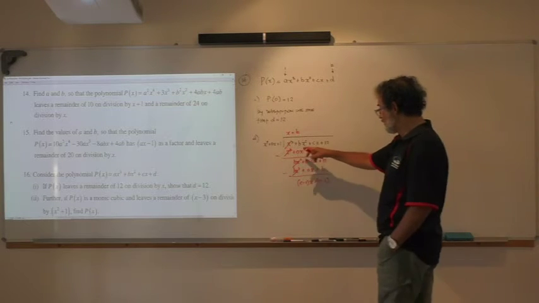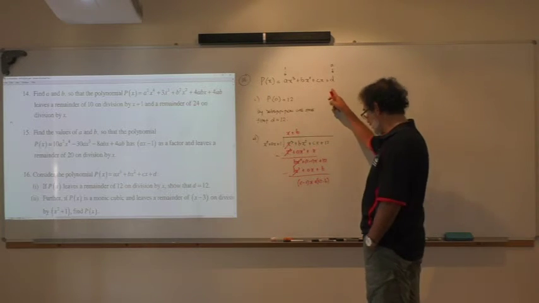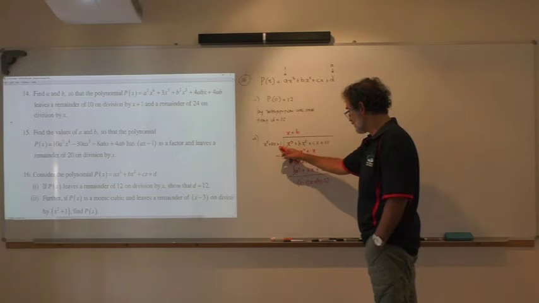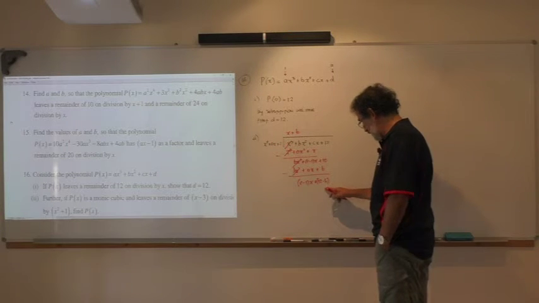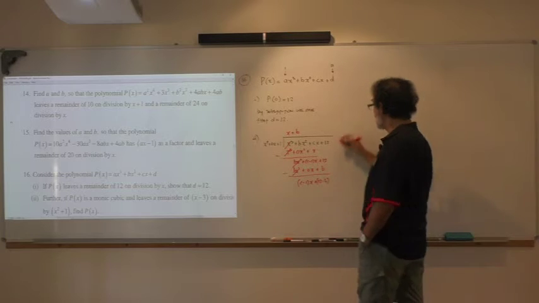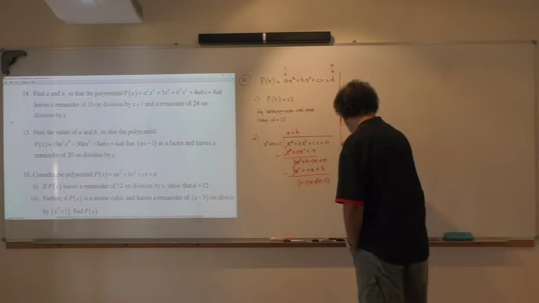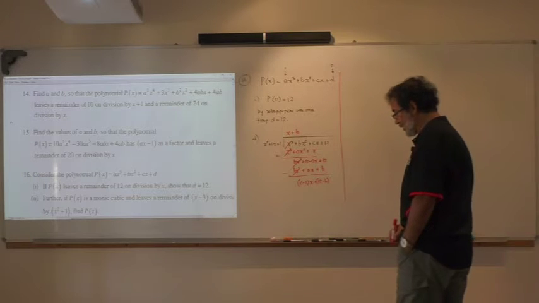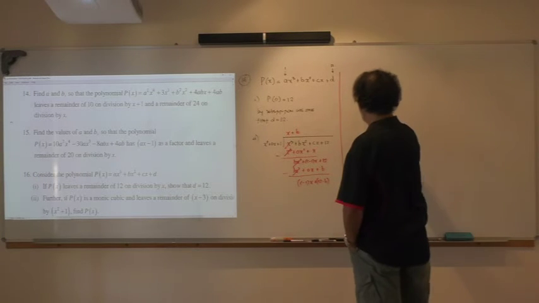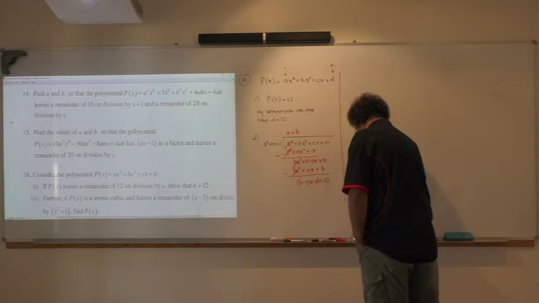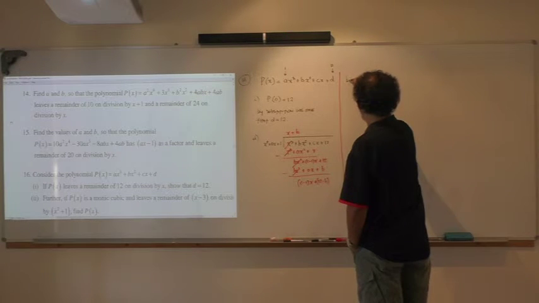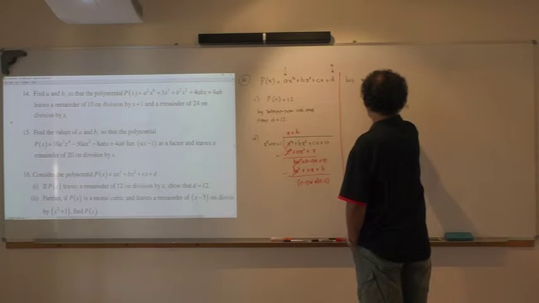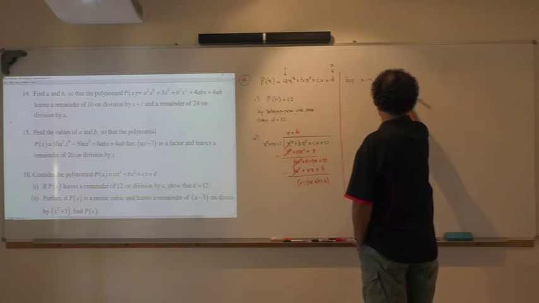So when you divide this polynomial by x squared plus 1, the remainder is equal to this expression. But in the question they say that x minus 3 is the remainder.